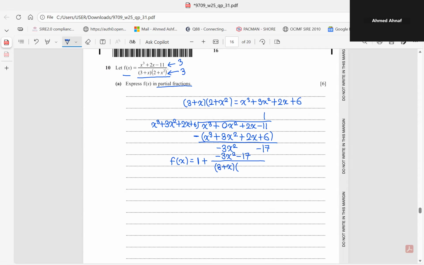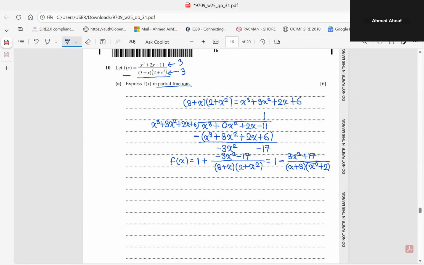So (3 + x)(2 + x²). So I would like to remove the negative sign. So you'll get 1 minus (3x² + 17) over (x + 3)(x² + 2). Yeah, so this is our f(x).